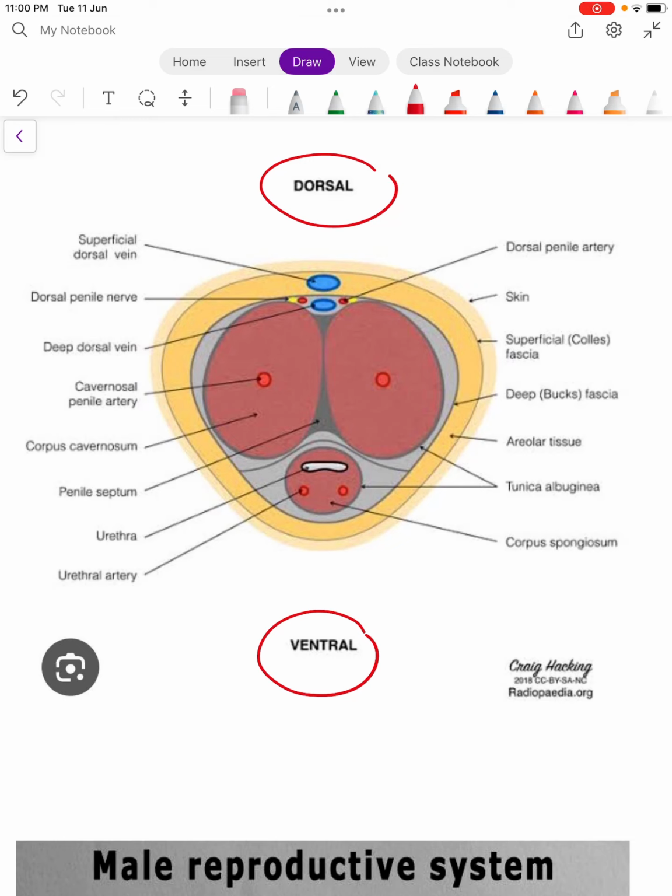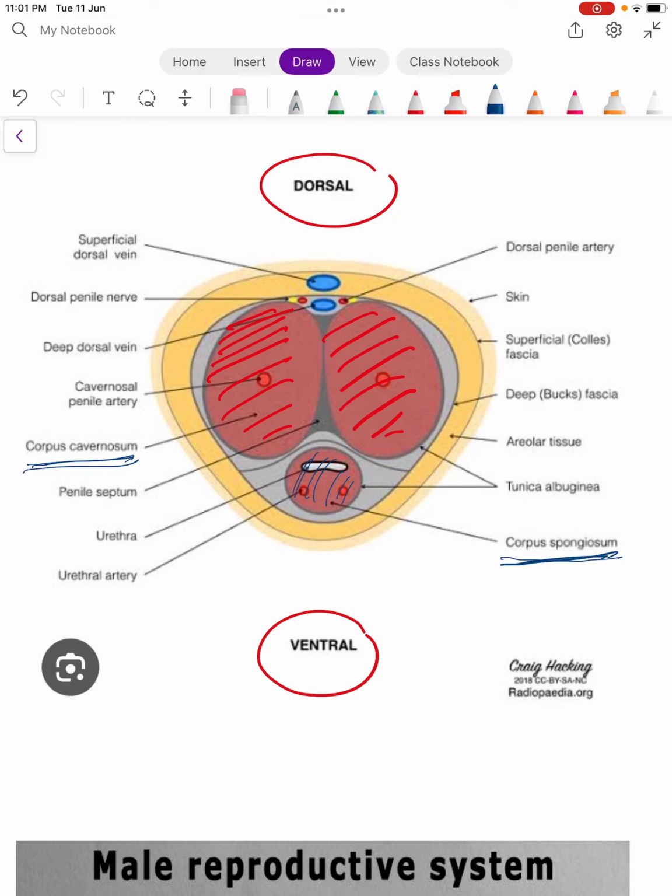So penis has 3 columns of spongy tissue, 2 dorsal and 1 ventral. 2 dorsal, these are 2 dorsal, and this one is the वेंट्रल कंपार्टमेंट. सो जो डॉर्सल कंपार्टमेंट है उसको बोलते हैं कॉर्पोरा कैवर्नोसा, या इसको बोलते हैं कॉर्पस कैवर्नोसम, और जो वेंट्रल है उसको बोलते हैं कॉर्पस स्पॉन्जियोसम. ठीक है, तो इसमें 3 कंपार्टमेंट हैं, 2 डॉर्सल हैं जो बड़े वाले हैं, और one is the smallest spongy tissue, which forms the third compartment, which is present on the ventral side.